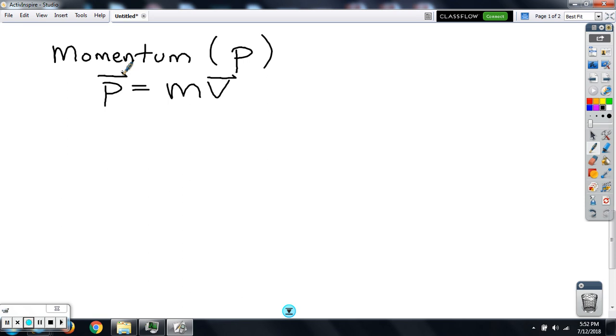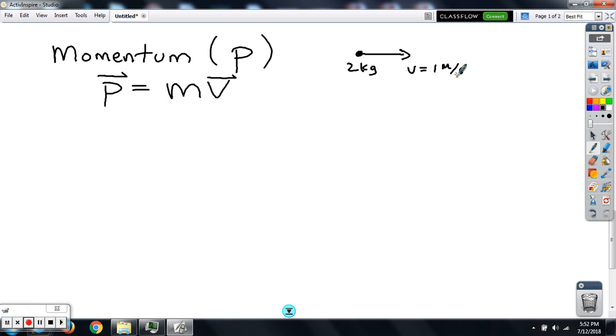So a simple example is, let's say you have a mass of 1 kilogram, and let's just be a little bit more interesting, 2 kilograms. And it has a speed, or velocity in this case, of 1 meter per second. Then what is its momentum?